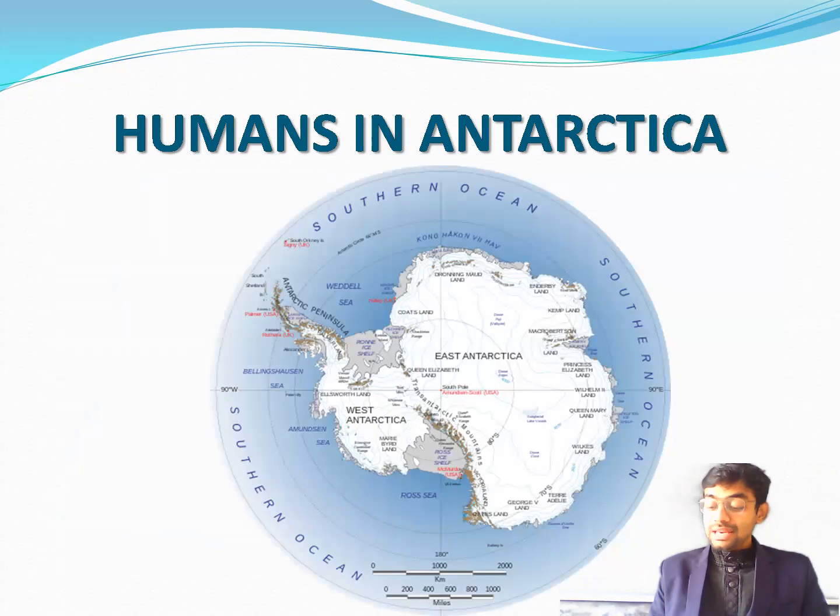However, India and many other countries like the USA, Russia, France, the UK, Australia, New Zealand, Argentina, and South Africa have set up permanent base camps in Antarctica. The people at these base camps are the only temporary inhabitants of the continent.